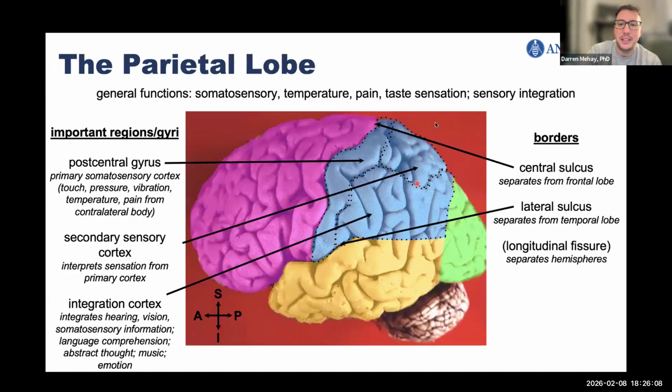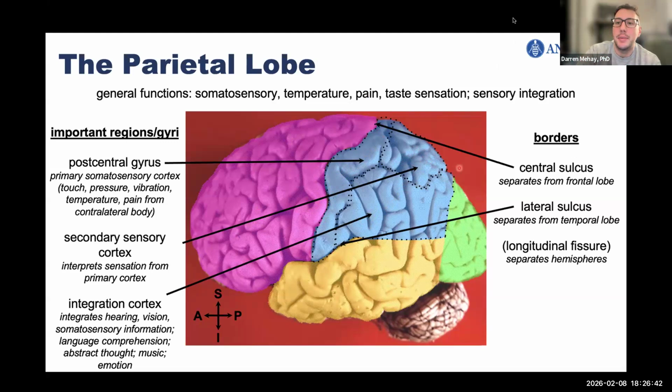We can see that here. Sorry, the chat is in my way when I move things around. Again, the parietal lobe was the correct answer. Here we can see some different gyri. We have our postcentral gyrus, the primary somatosensory cortex. We have the secondary sensory cortex, more posterior in the brain, and an integration cortex integrating hearing, vision, and somatosensory information.